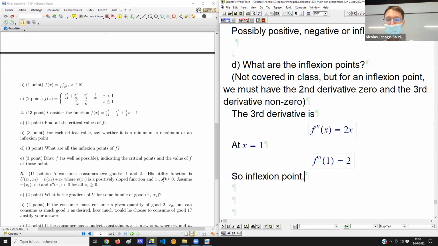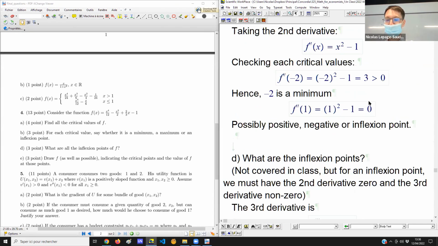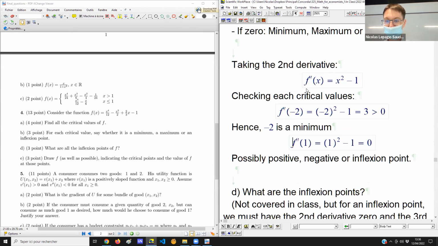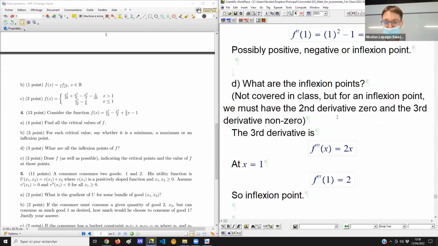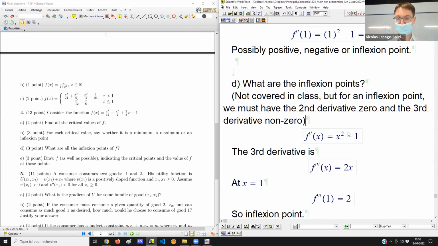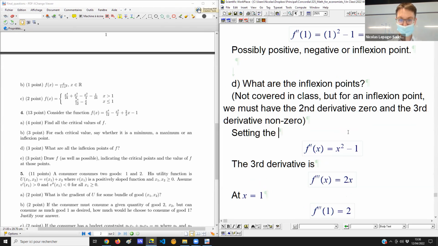Oh yeah, sure. Yeah, that's right. I only checked one. I should check for all the possible ones. Yeah, I forgot about that. So the second derivative is this. So setting the second derivative to 0, this equals 0.